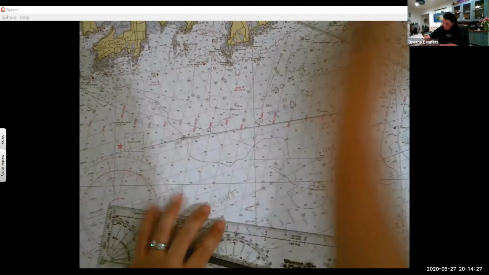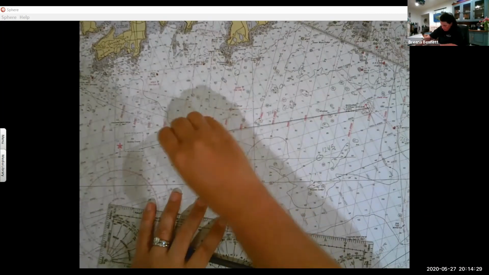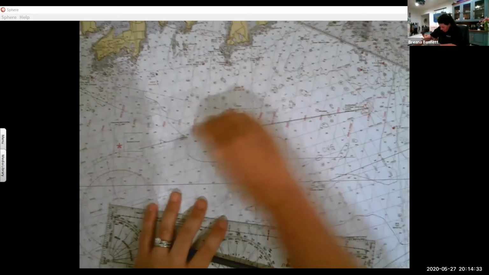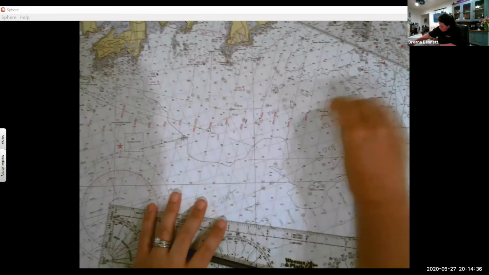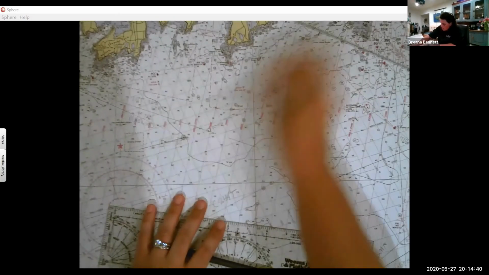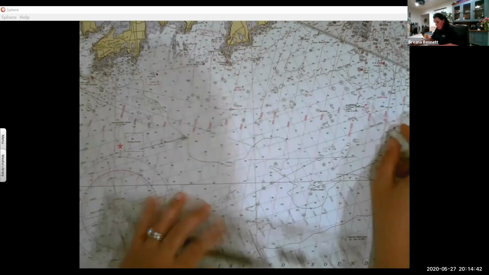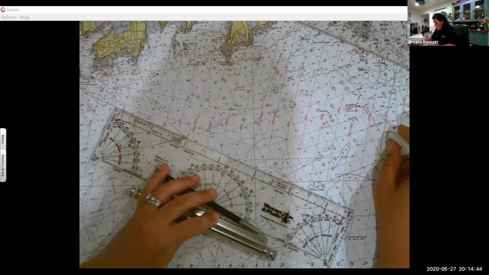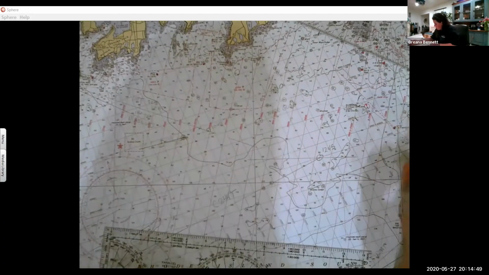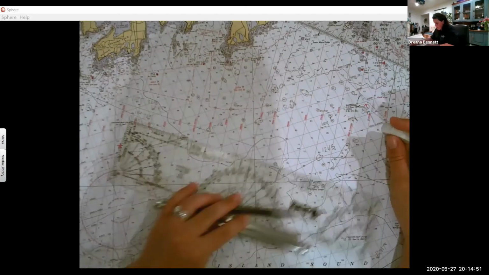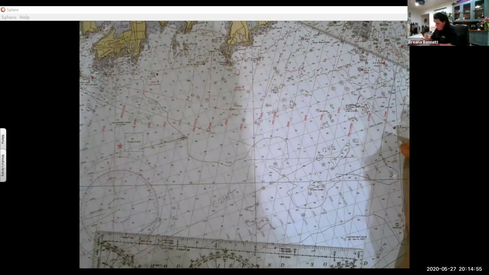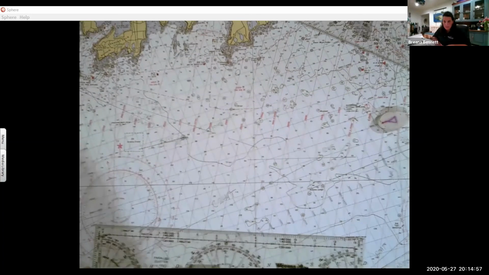Okay. Sorry for the confusion here. I'm going to erase my Brenton Reef line. That's going to bring us straight down there. I'm not going to make up a problem.